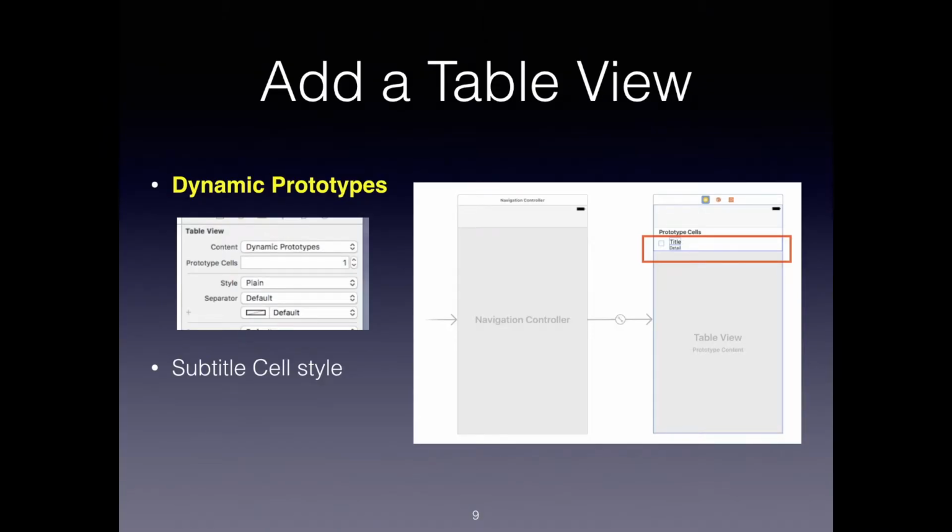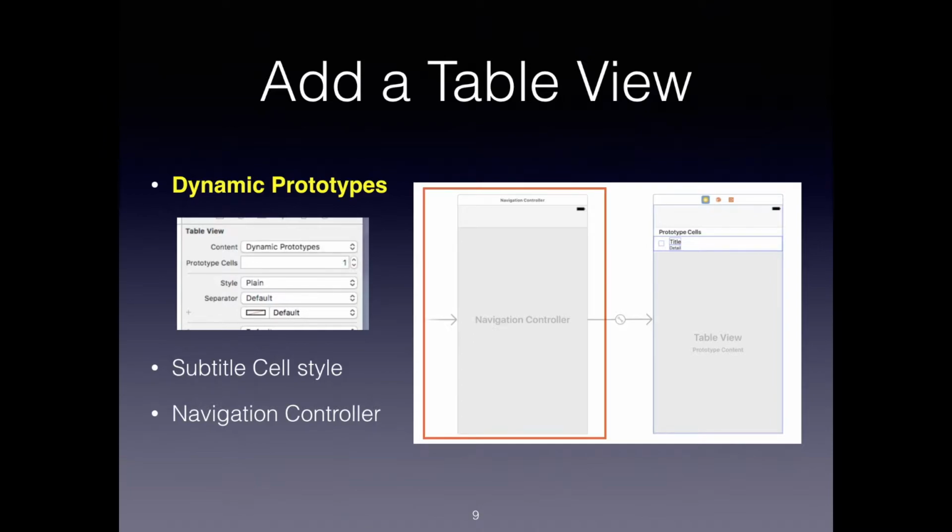We're going to embed the table view in a navigation controller, and what that does, that is an important thing to understand. A navigation controller is a container. Just like a table view is a container for all the controls.